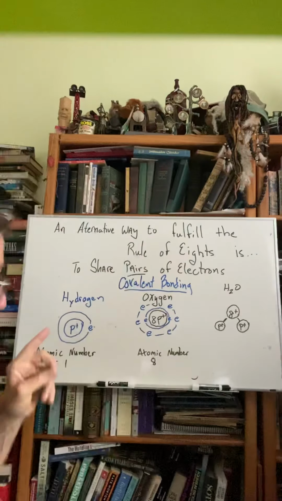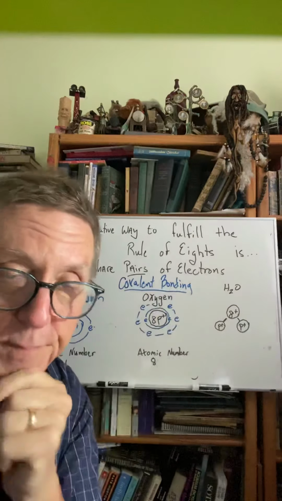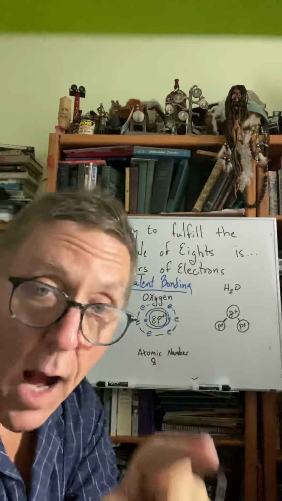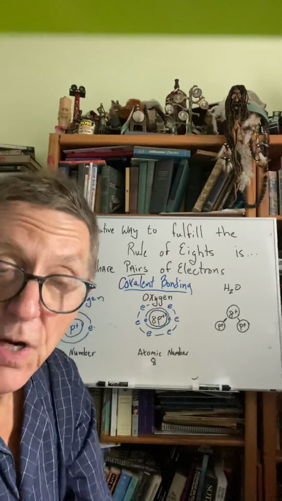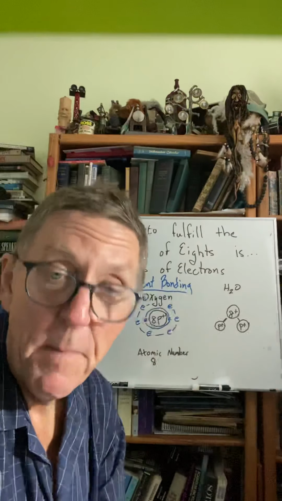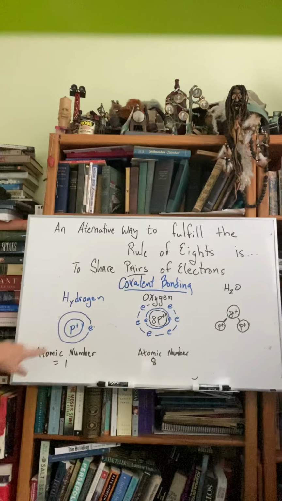Okay, so we had said carbon, hydrogen, and oxygen are the most common chemicals in biological chemicals. So if we look at hydrogen, the atomic number is 1.